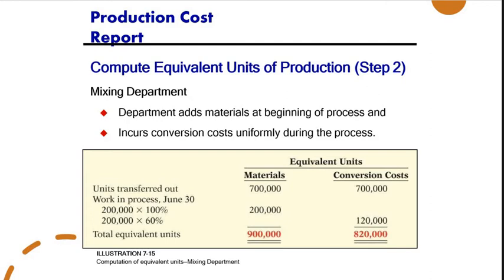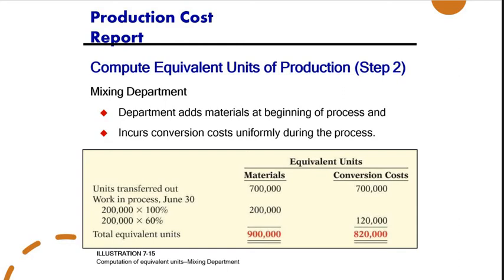Okay, so the mixing department must add materials at the beginning of the process as it incurs conversion costs uniformly during the process. Okay, so we need two computations here of equivalent units, the materials cost and the conversion cost. Okay, so ito yung computation niya.